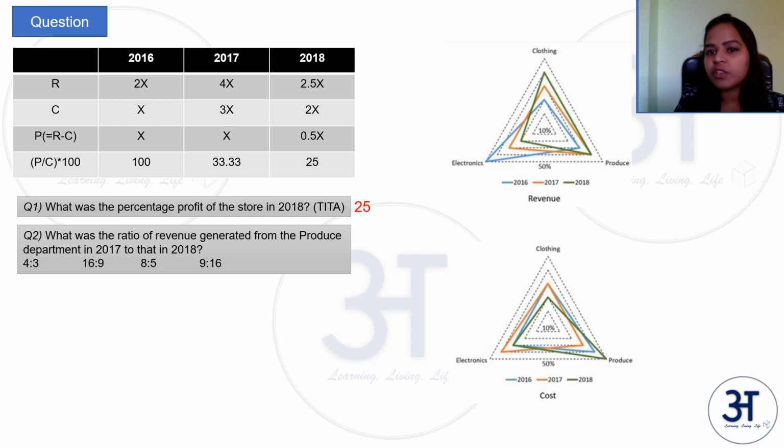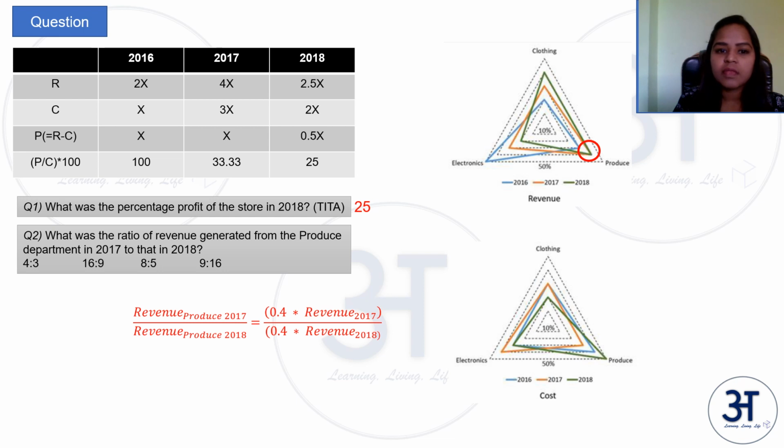Both of them for produce fall on the 40% triangle. So revenue of produce in 2017 by revenue of produce in 2018 is equal to 40% of revenue in 2017 by 40% of revenue in 2018. So this is equal to revenue in 2017 by revenue in 2018. So once you do that, you will get 8:5 as the answer.